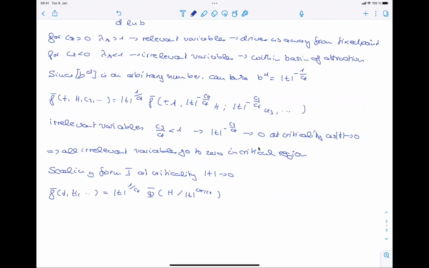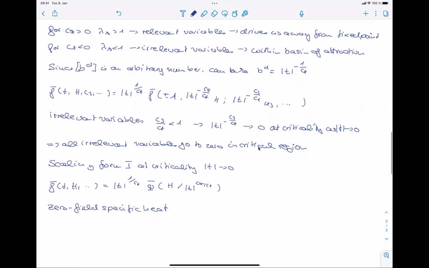And from that, taking the scaling relation, we can now calculate our thermodynamic variables. So this zero field specific heat is defined as t to the power of minus alpha. That's the definition of the critical exponent.